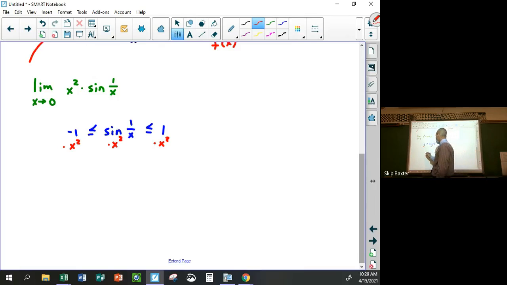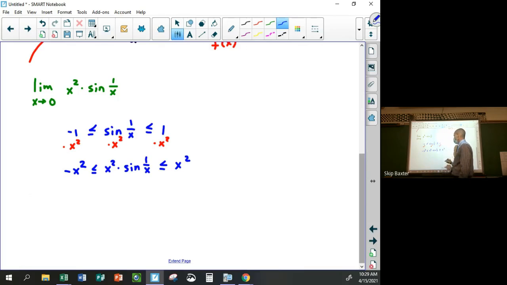In that case, I get -x squared is less than or equal to x squared sine 1 over x, which is less than or equal to x squared. Well, this is the precise situation that I was describing when I was talking about the sandwich theorem. We have x squared, which looks like this.